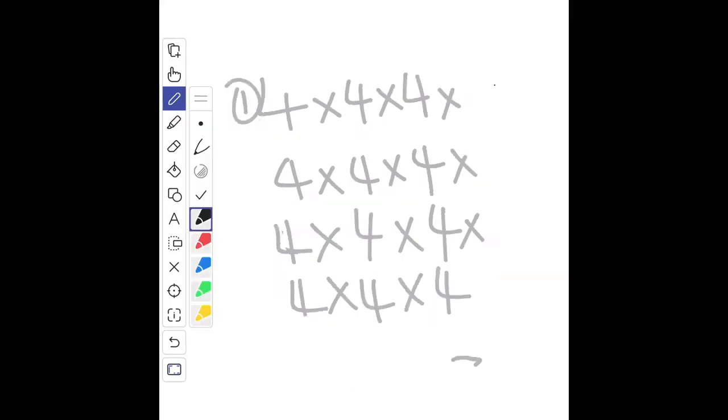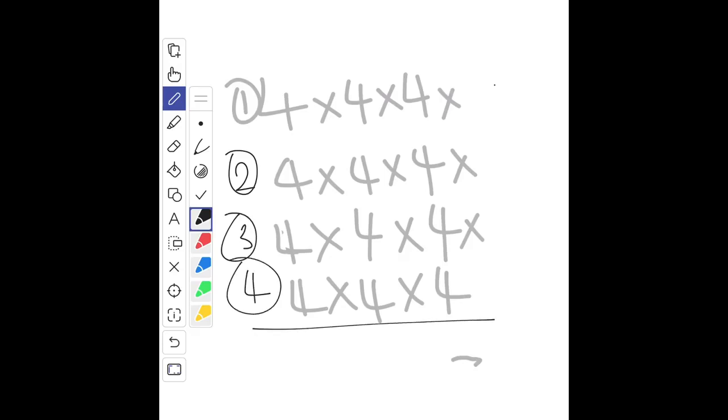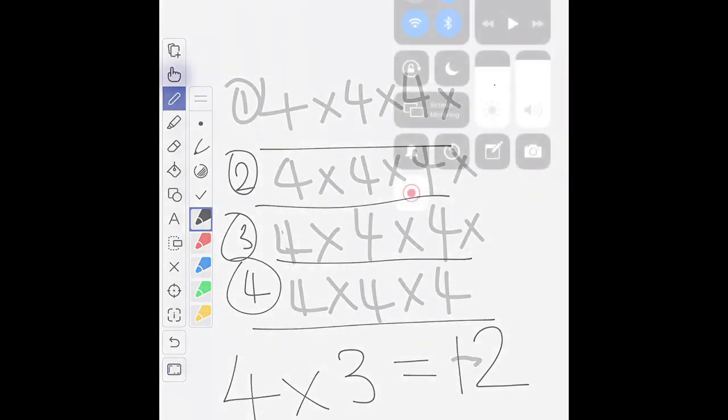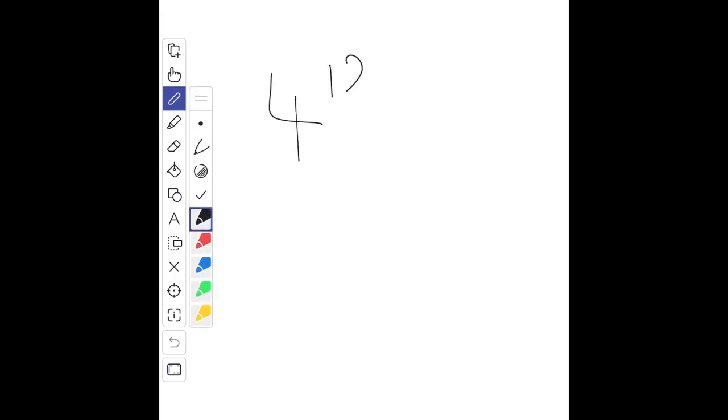So you may also notice that there are 1, 2, 3 and 4 rows of 4 times 4 times 4. And to make this simpler, we can do 4 times 3, which also gives us 12. So from both these methods, we can see that the answer is 4 to the power of 12.